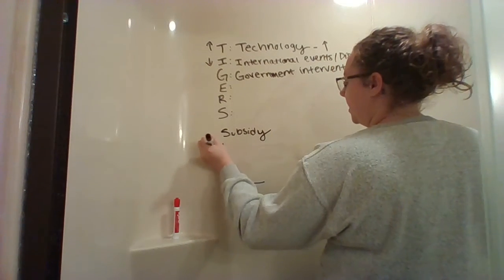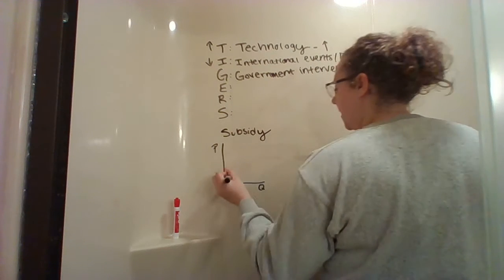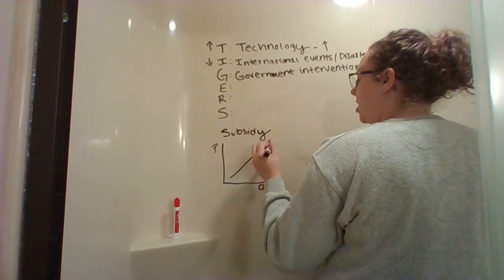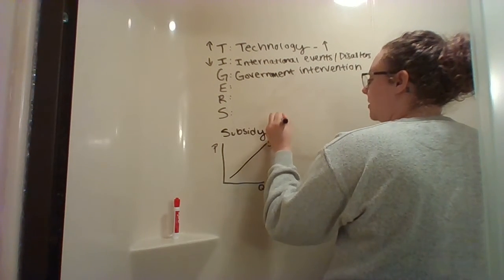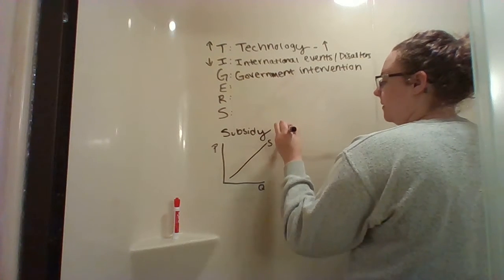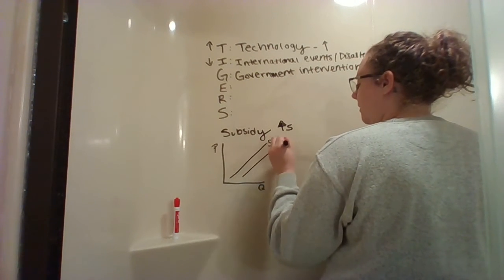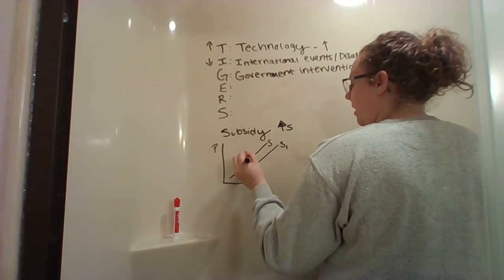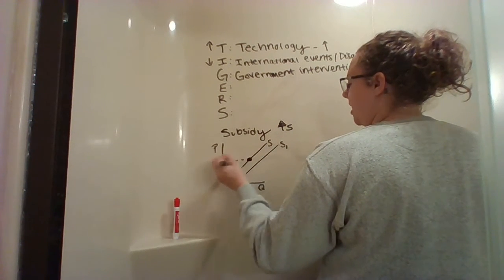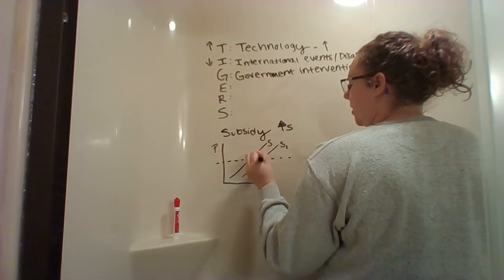Again, price, quantity, supply line. To show an increase in supply because of subsidies, it would move to the right. And okay, let's say the equilibrium line's right here. The dot will go right here.